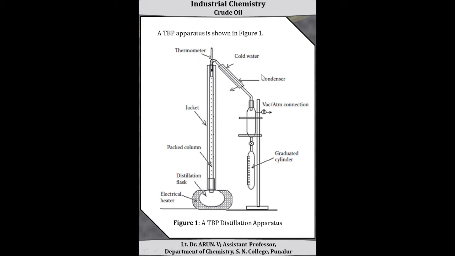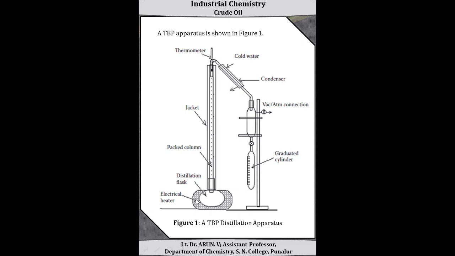This figure shows the TBP apparatus, and the distillation is carried out in this apparatus. It consists of a long packed column, and the distillation flask is below this column.